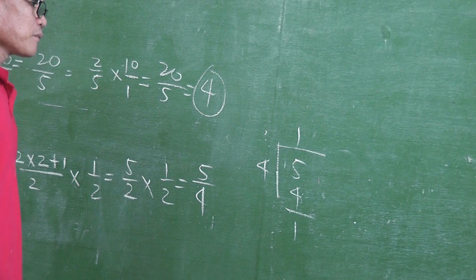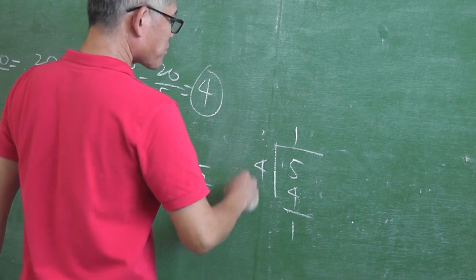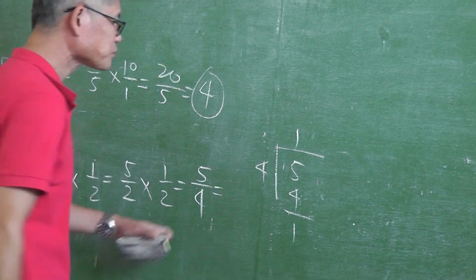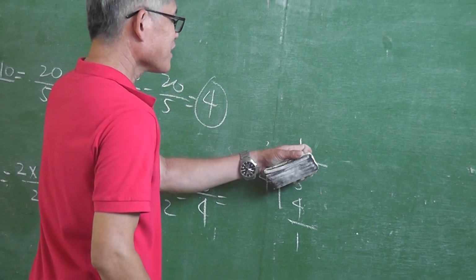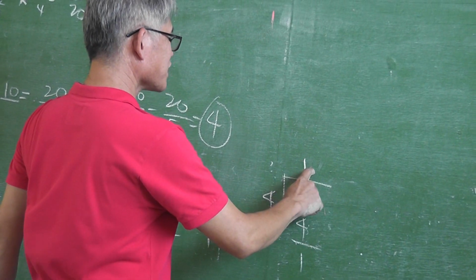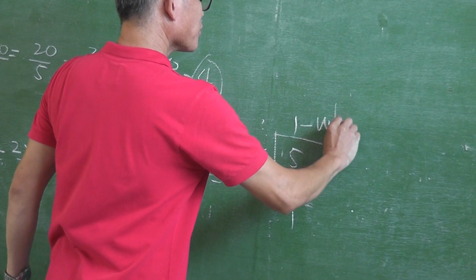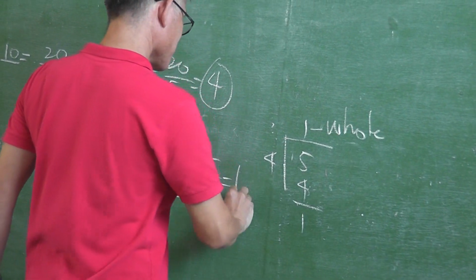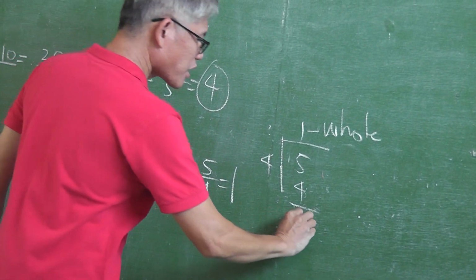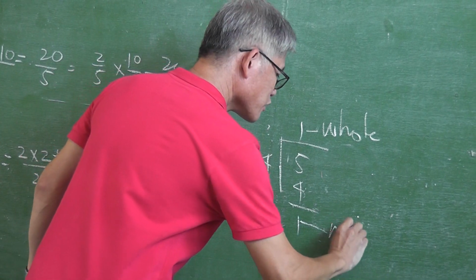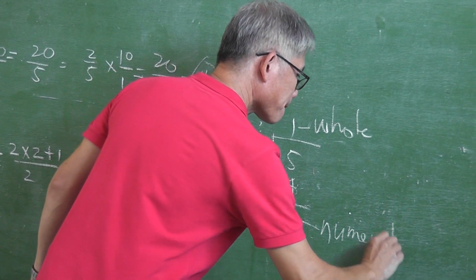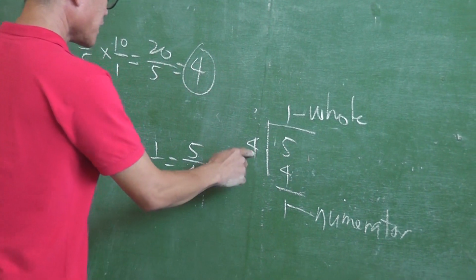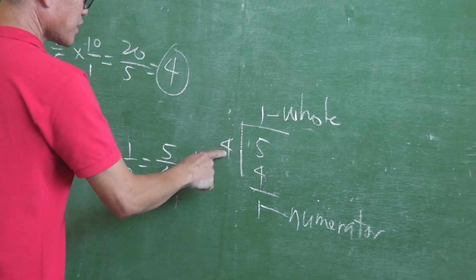What will happen to these numbers? Our quotient will become our whole number. And then our remainder will be our numerator. And then still our denominator is 4.